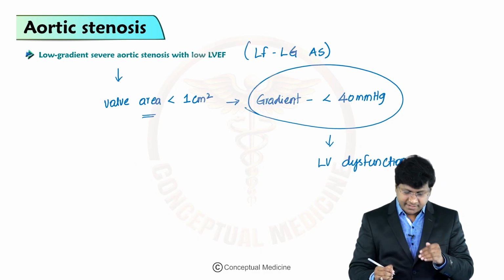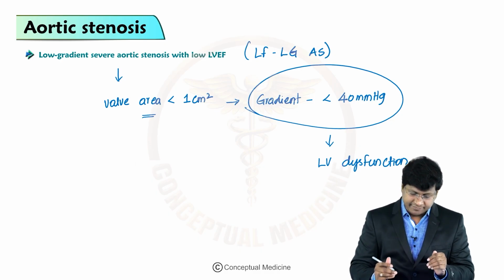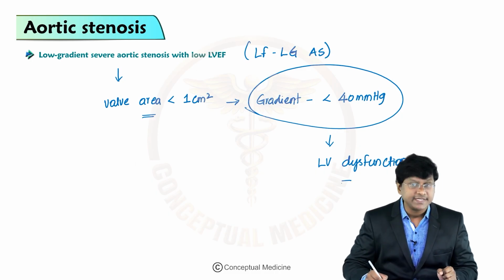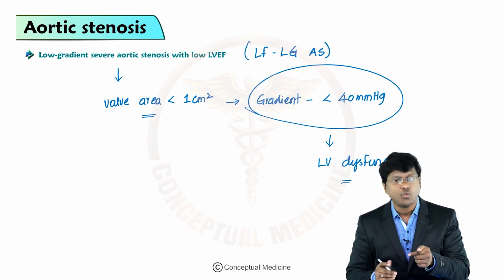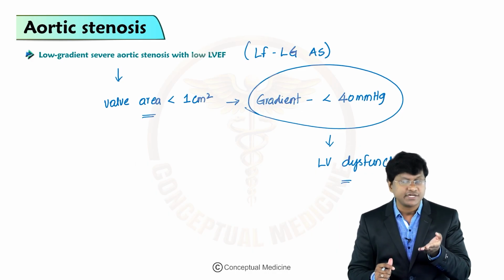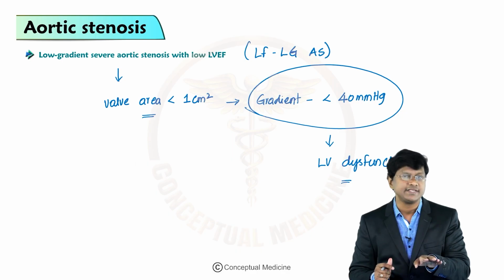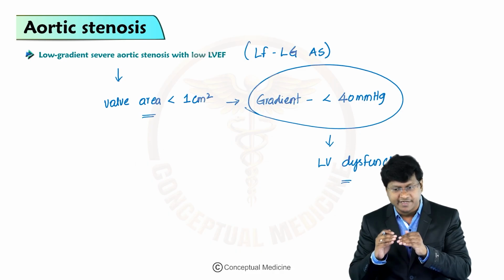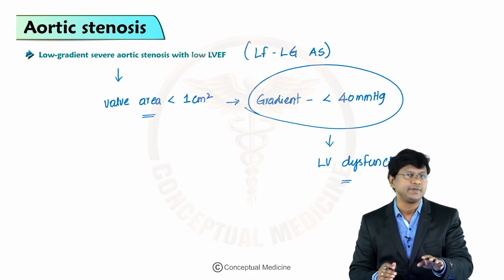Why? Because whenever there is left ventricular dysfunction, what will happen to the pressure rise within the left ventricle? The pressure rise within the left ventricle will be decreased. So, when the pressure rise is decreased, the gradient between the left ventricle and aorta will be decreased.